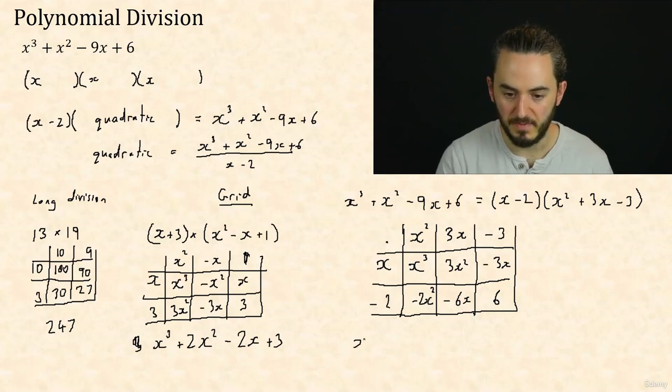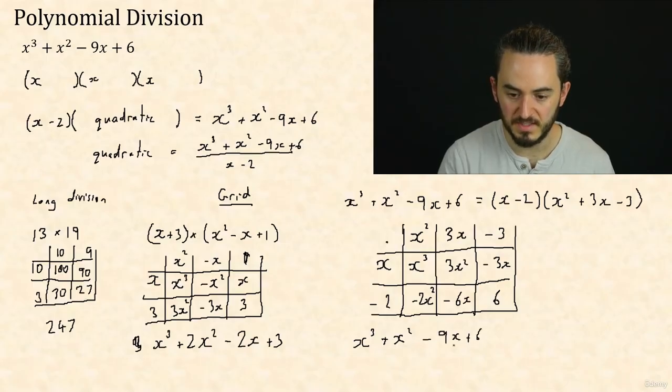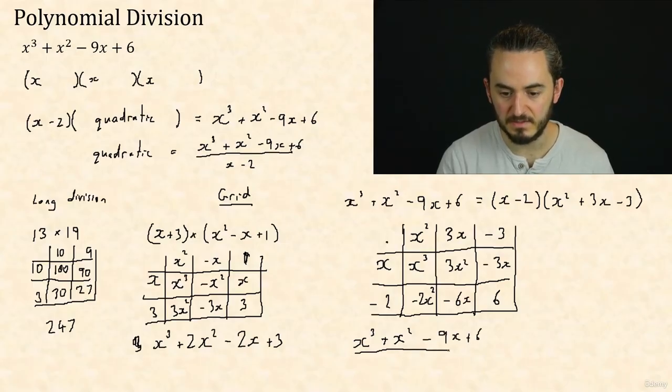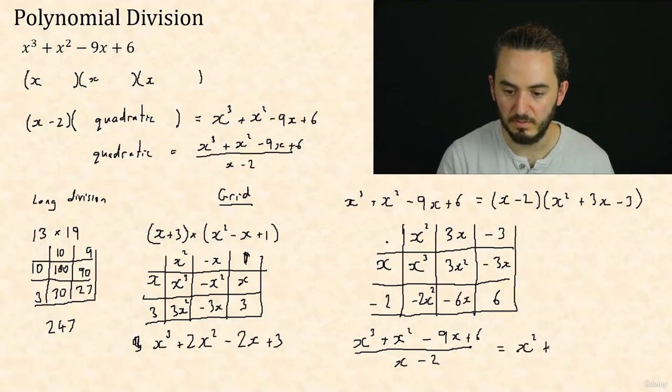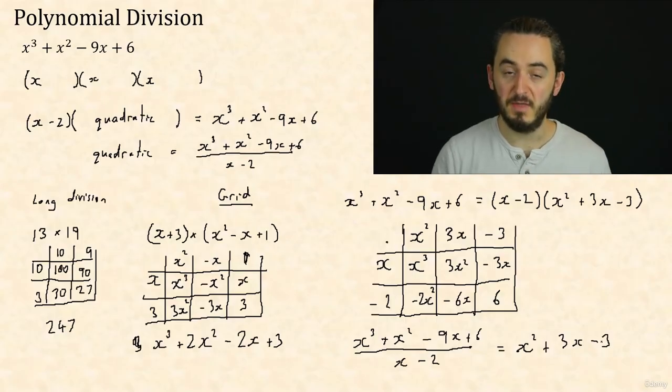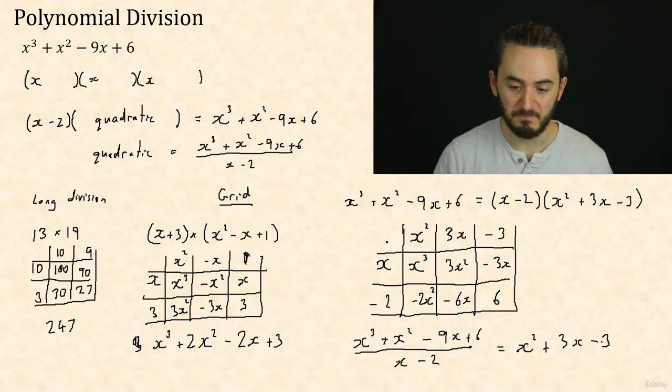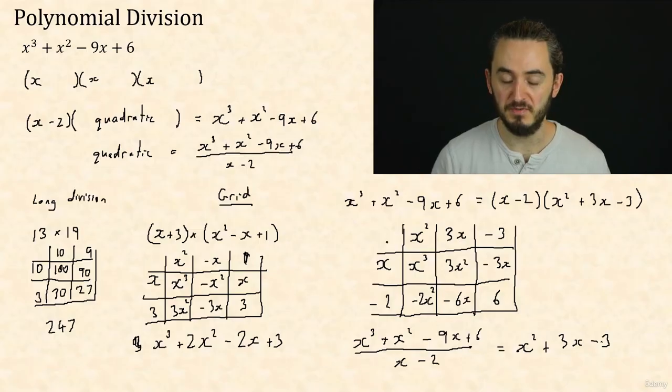Alternatively, we can write that as a division, which is x cubed plus x squared minus 9x plus 6 divided by x minus 2 is x squared plus 3x minus 3. So that is the grid method for doing polynomial division.